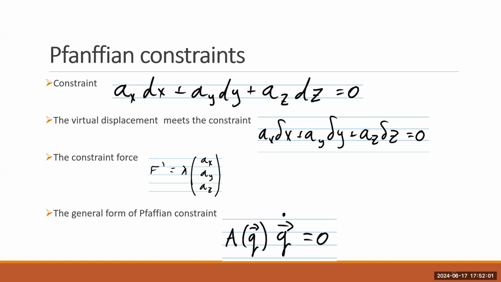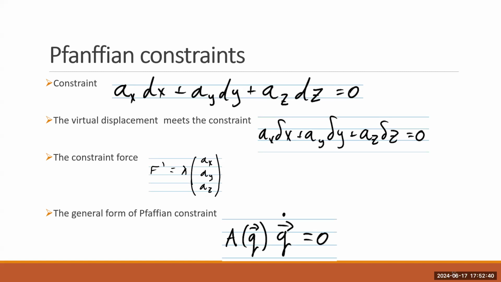So let's start from the beginning. If we have a constraint A, say a_x, a_y, a_z times dx, dy, dz, the virtual displacement that meets the constraints is, instead of dx, delta x, delta y, delta z. And the constraint force is some force lambda that is perpendicular to the displacement. So it is a_x, a_y, a_z.